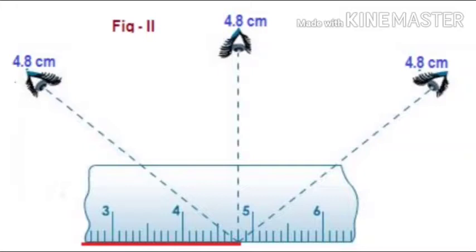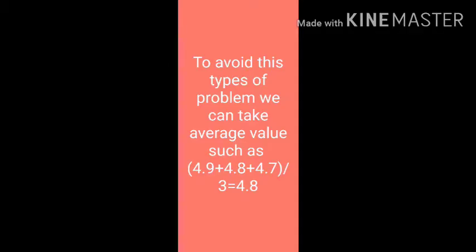If they measure or observe the length, then one student will measure 4.8, one student will measure 4.9 and the other will measure 4.7. So what is the accurate value? To avoid this type of problem, we can take the average value, such as 4.9 plus 4.8 plus 4.7 divided by 3, that is 4.8. In this way, we can avoid some problems.